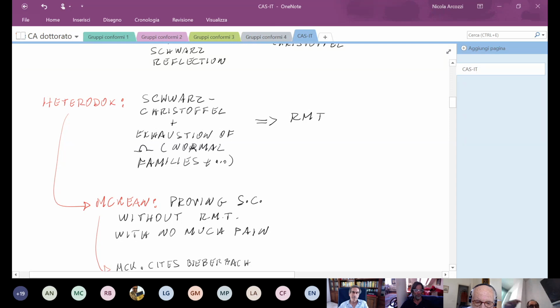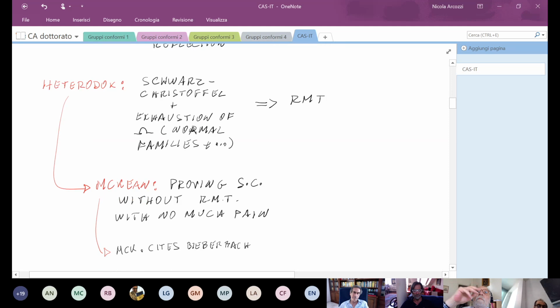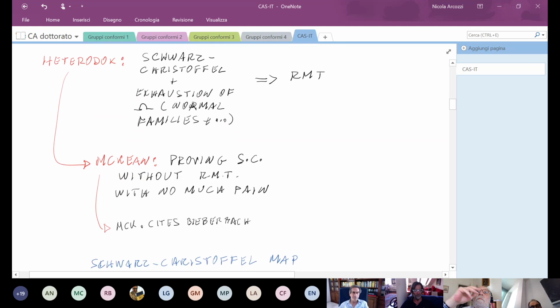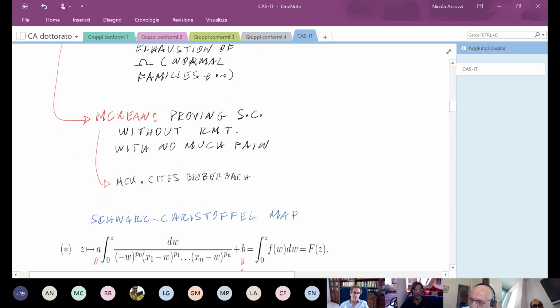Then you make an exhaustion of your simply connected domain by means of polygons, and use normal families plus the argument principle and other standard techniques, and then you get the Riemann mapping theorem as a byproduct. So the punchline is that you can prove Schwarz-Christoffel without the Riemann mapping theorem in a way which is not too hard. With a few strokes, as he says, although few strokes without many details.